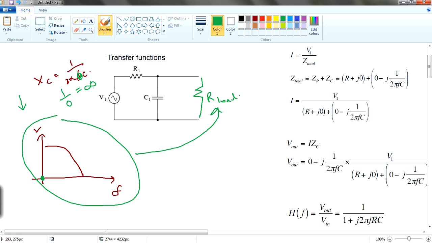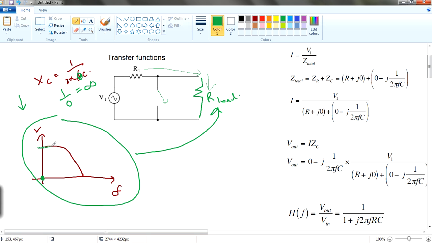So what does this mean? You have a very high impedance over here. If you remember the rule, it becomes an open circuit, so all the voltage will flow through the R load.